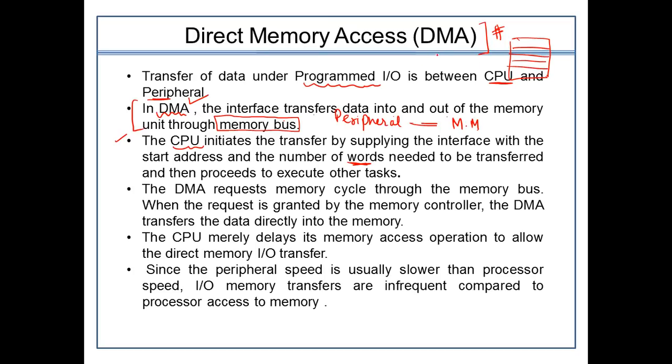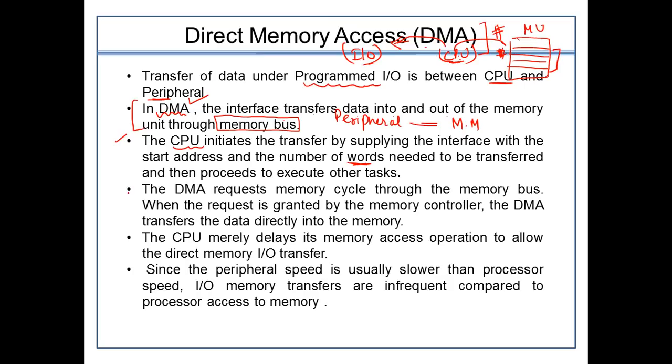So the CPU will let the IO device know how many words are to be processed from the memory, and it will also provide the start address from where the transfer in the memory unit will take place.